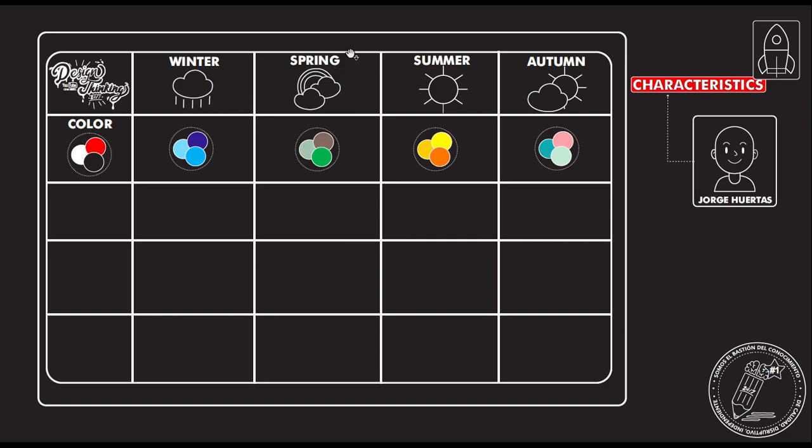Spring, everything is blooming, so things are growing. So you use greens and things like that, which go very well with that season. Summer, of course, the heat is growing, so yellows, oranges, and reds are colors related to the weather.